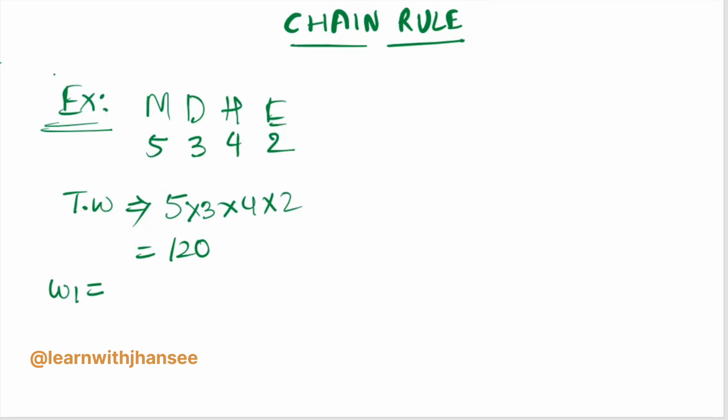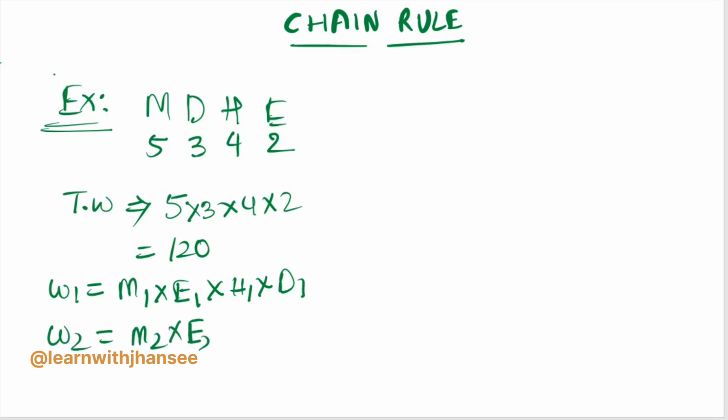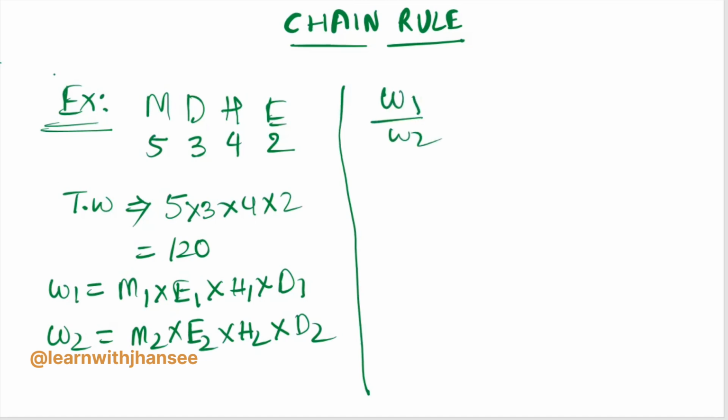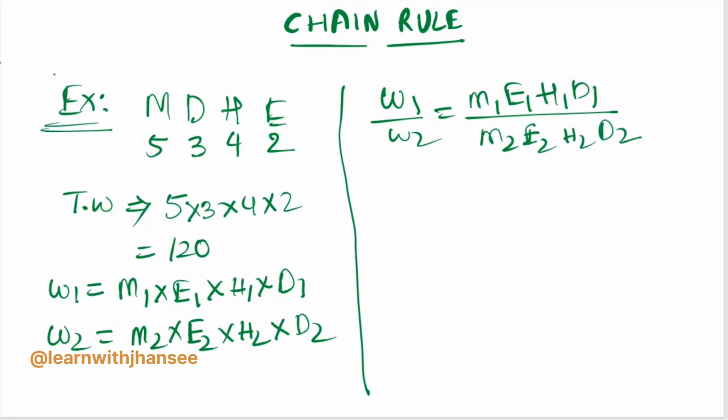So what have you learned from this? If you want to find the work, then W1 is equal to M1 into E1 into H1 into D1. In the same way, W2 is equal to M2 into E2 into H2 into D2. If you want to find W1 by W2, it is M1 E1 H1 D1 by M2 E2 H2 D2.